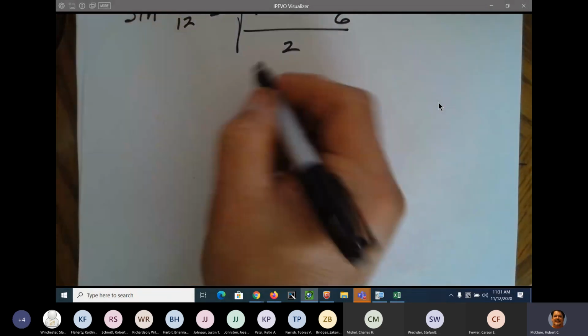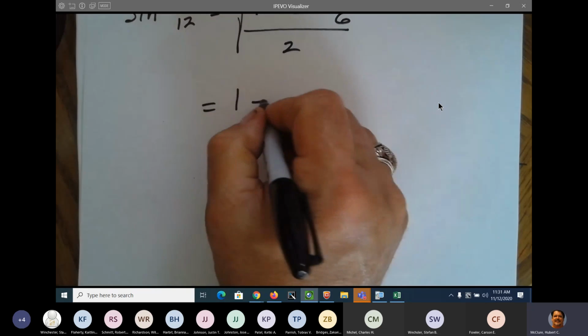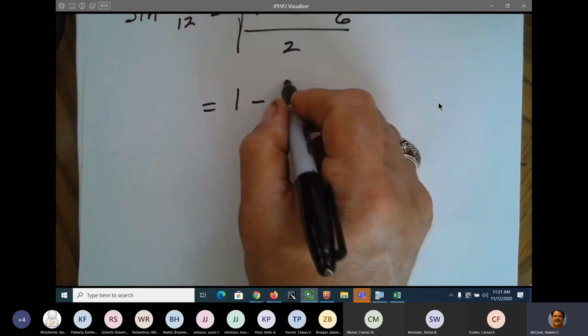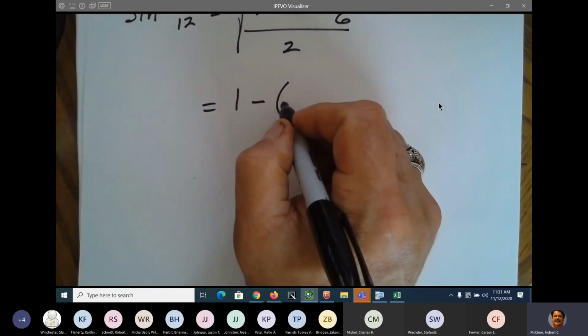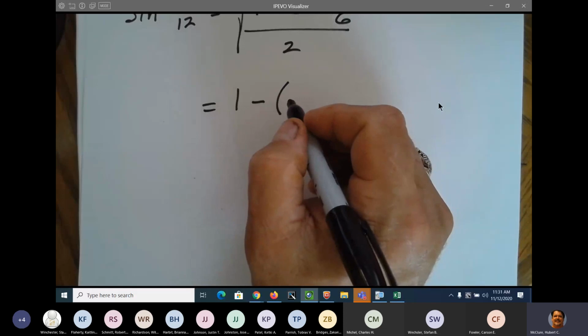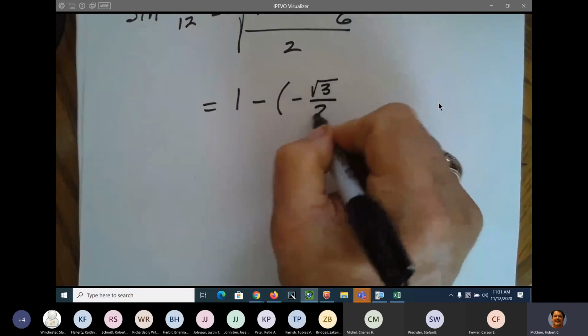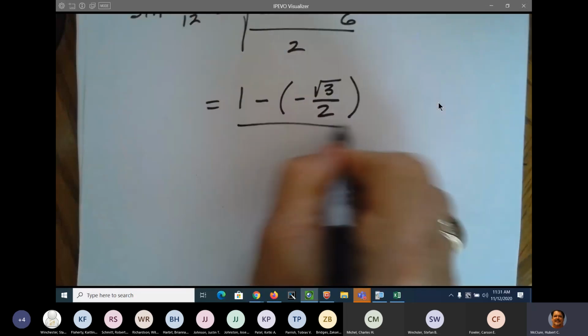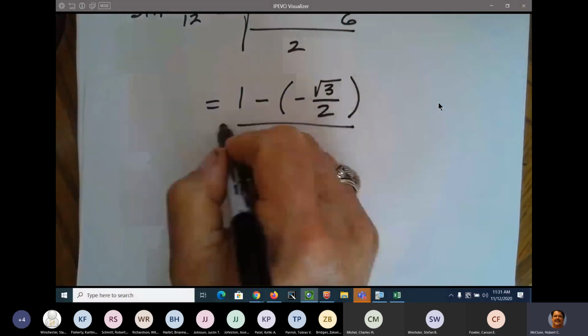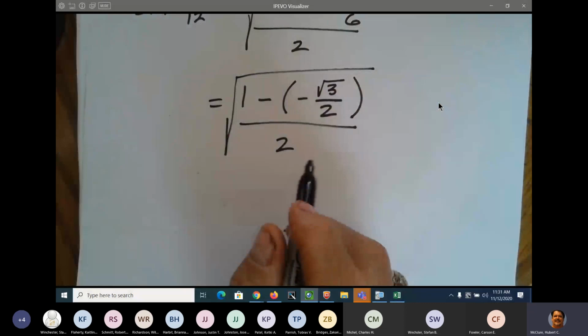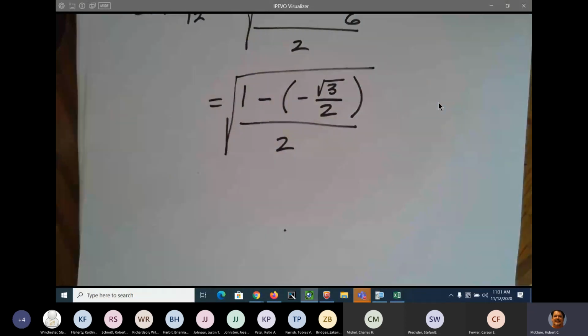And that's going to give us 1 minus a negative square root 3 over 2, over 2. I think we did this one at the end of class the other day.